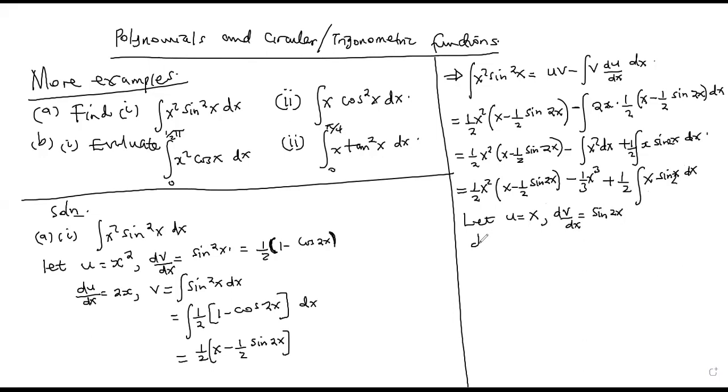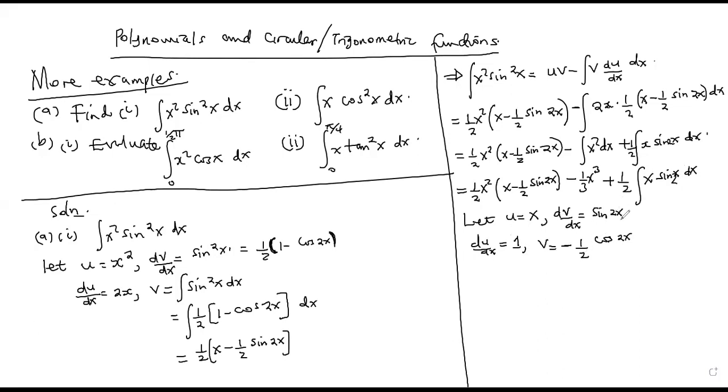Now it means that du dx will be equal to 1, and your v will be, when you integrate sine 2x, you get negative a half cos 2x. Why negative? When you integrate sine, you must get a negative, but because of this 2, it becomes a half cos 2x.